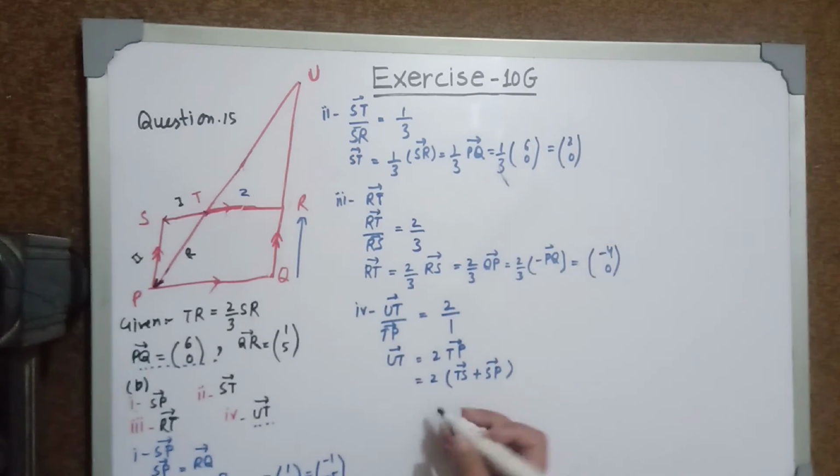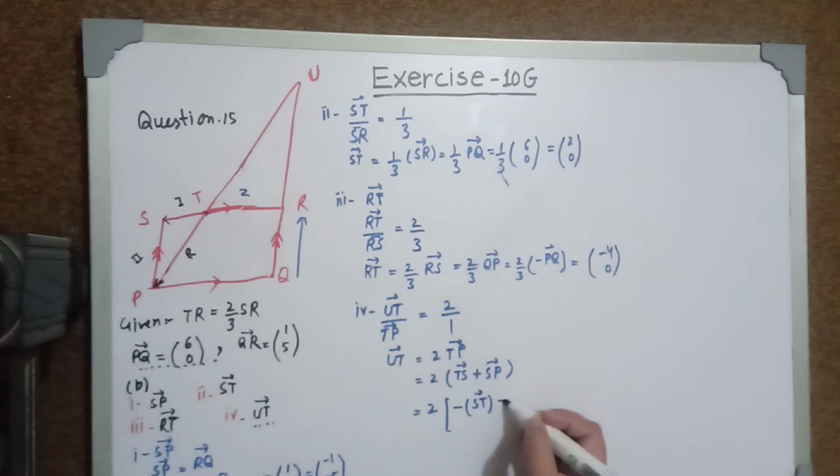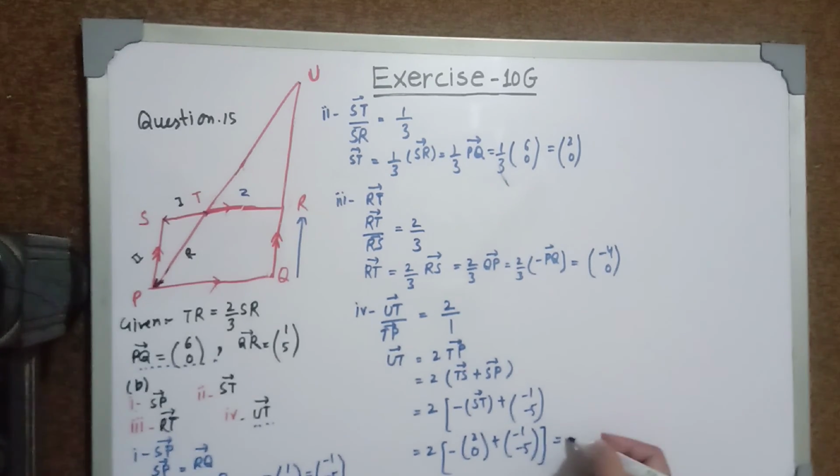I'm going to write 2 into the negative of ST that we found in part 2, plus SP, which we found in part 1, and it's (-1, -5). 2 into negative of ST will be minus 2 times (2, 0) plus (-1, -5). Now you simplify it and you will get UT equal to (-6, -10), and that's all we need to find. Thank you.